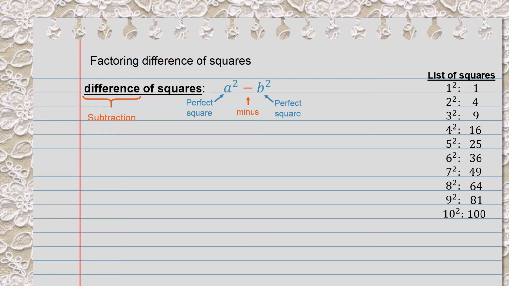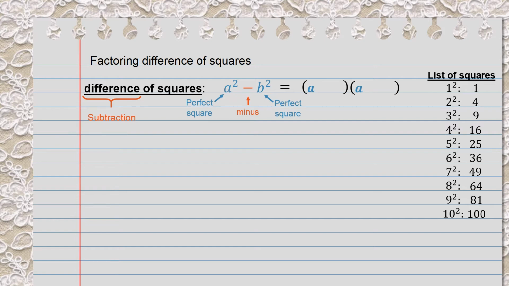So if you encounter this pattern of perfect square minus perfect square, then we can instantly go to the factored form. The factored form will be 2 sets of parentheses. Because our first term was a squared, we have to identify what value times itself would give you a squared. Well, that would be a, which means that would be your first term in the first parenthesis and the first term in the second parenthesis.